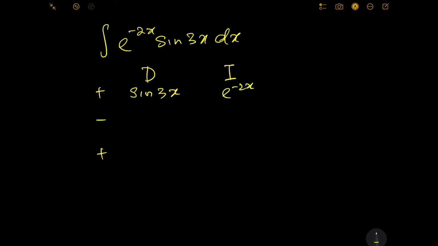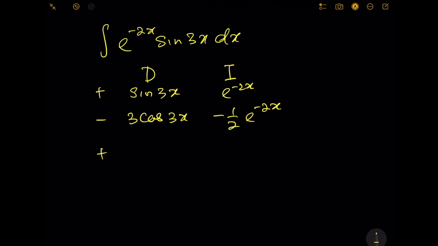The derivative of sine 3x becomes positive 3 cos 3x, while the integral of e power negative 2x is negative 1 over 2 e power negative 2x. So continue.